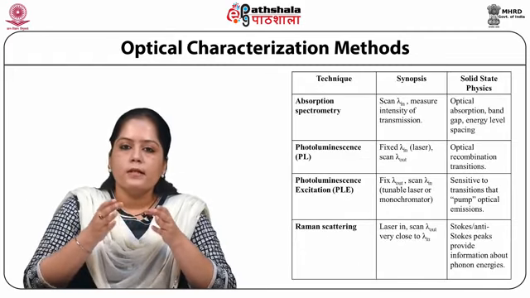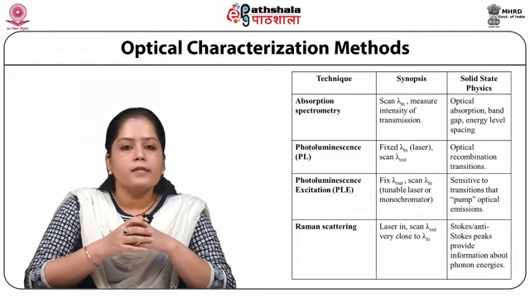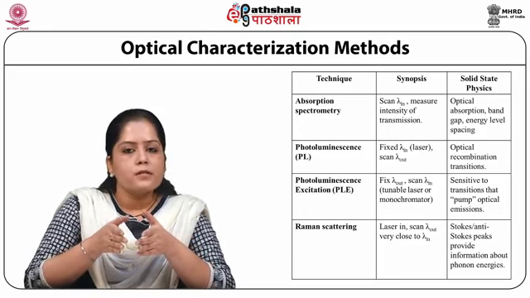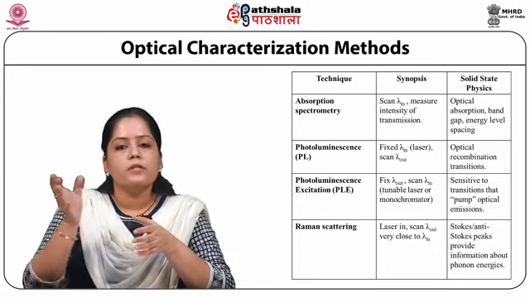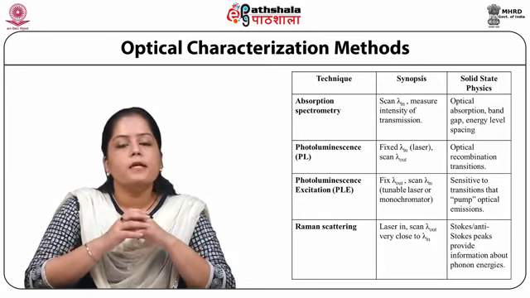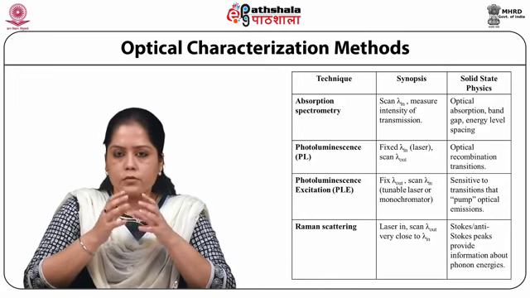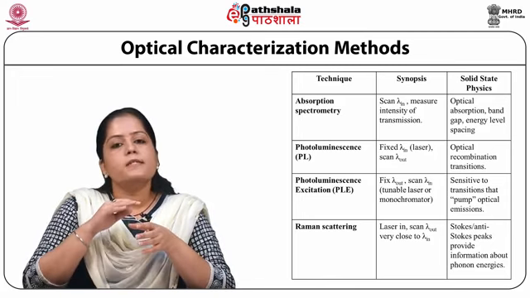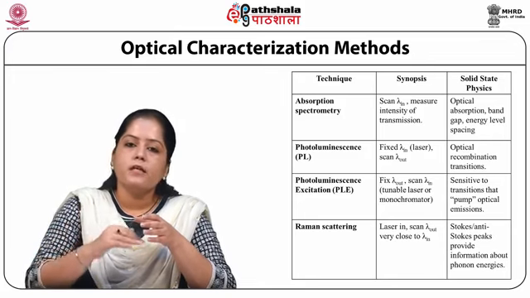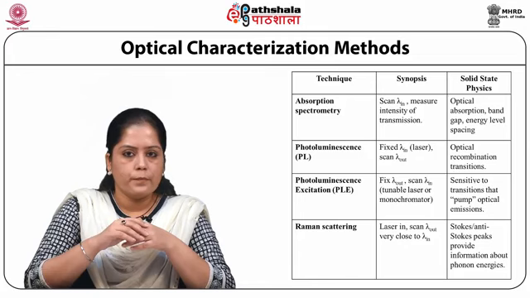So students, this table summarizes the different techniques, the synopsis, and how they are used in solid state physics. First is absorption spectroscopy. It scans the wavelength, measuring the intensity of transmission.